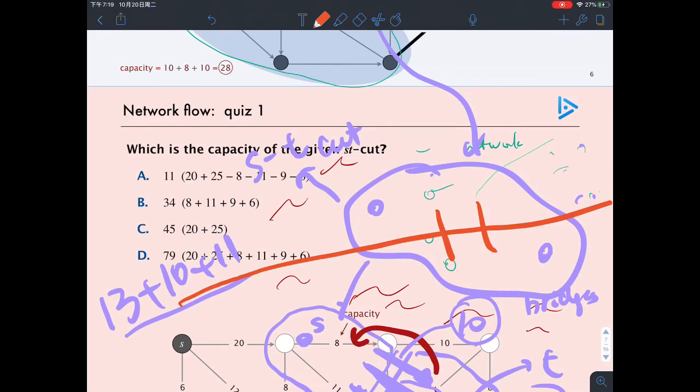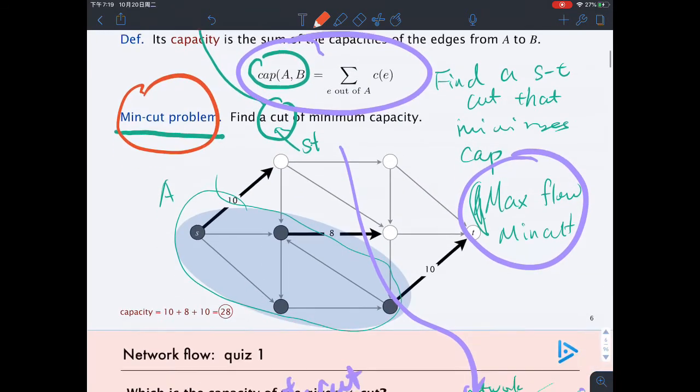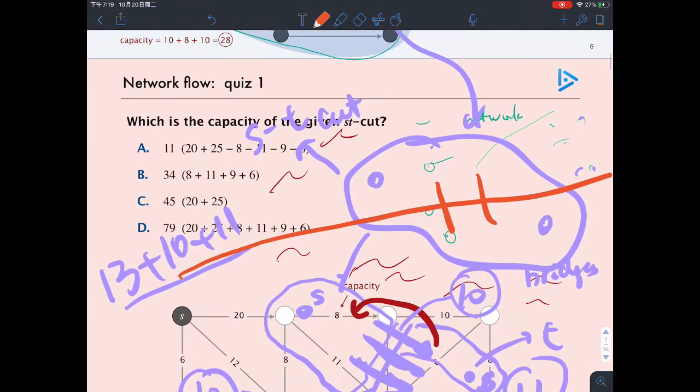then we have a different set of bridges. The bridge configurations will be different. But every single legitimate cut is actually a legitimate upper bound of the maximum flow we can push through.